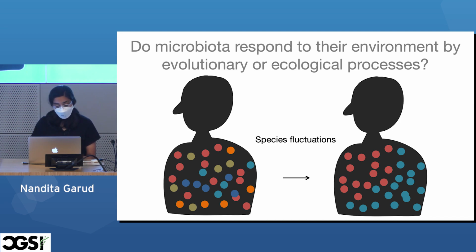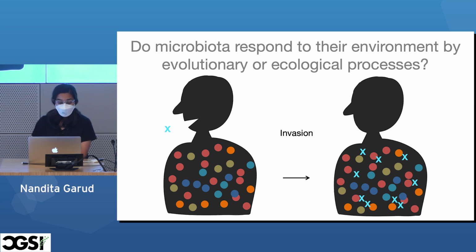This kind of phenomenon, the shift in species abundances over time, has been documented extensively in the microbiome, and we know this happens in diseased people and after antibiotics, etc. Another way the microbiome could respond to selective pressures is by invasion of a better fit strain from the outside environment. So here you have a strain that maybe harbors an antibiotic resistance gene, and it colonizes the gut.